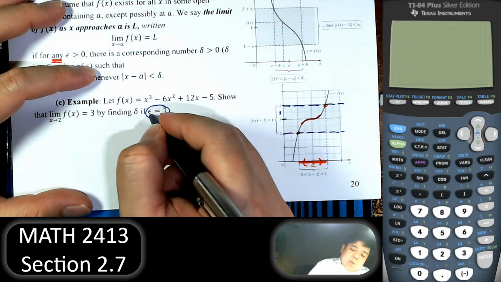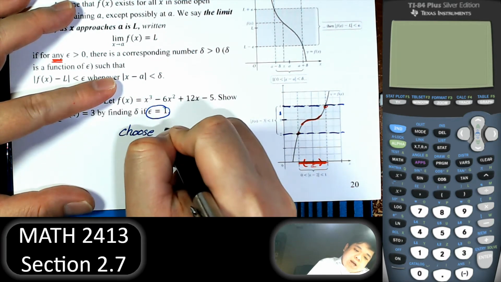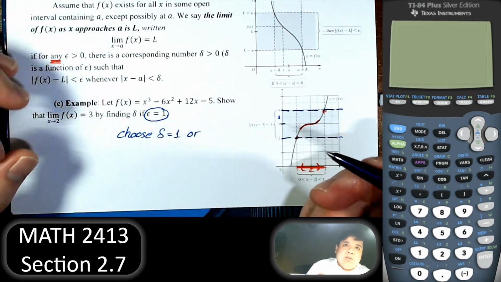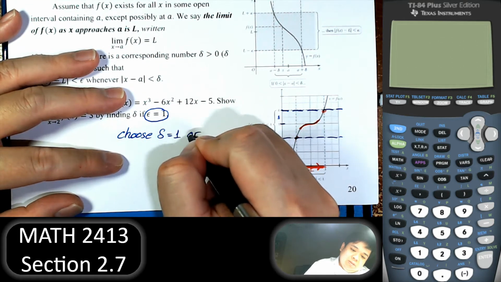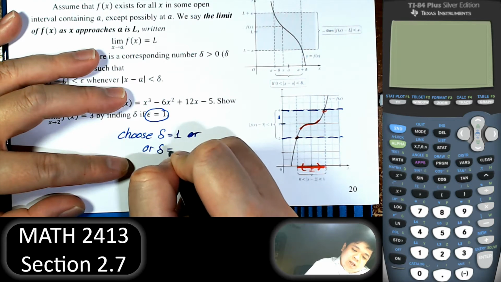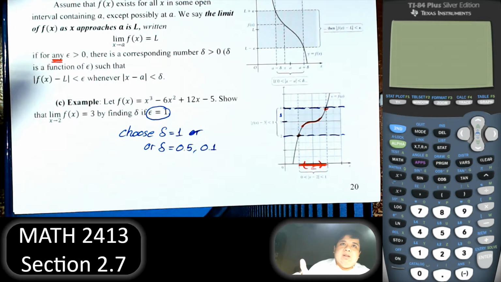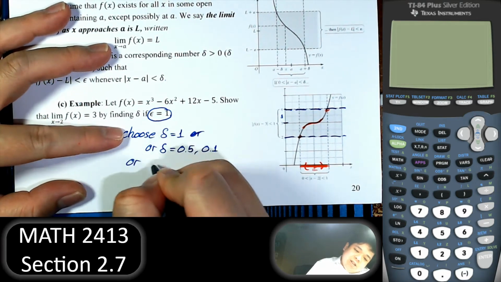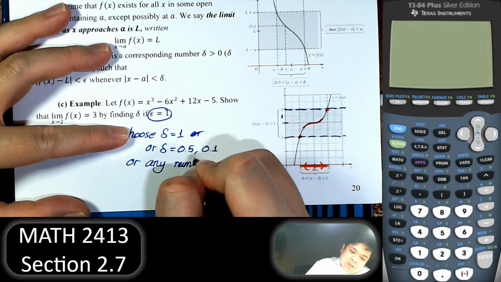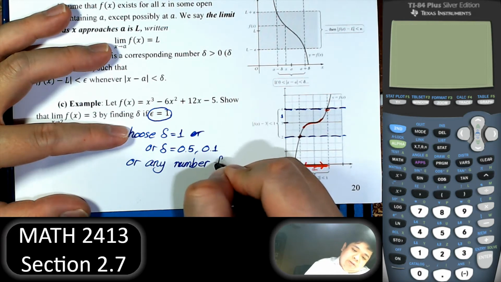So when epsilon equals 1, we can choose delta to be 1 or any number less than that, or delta equal to 0.1, 0.5, or any number between 0 and 1.